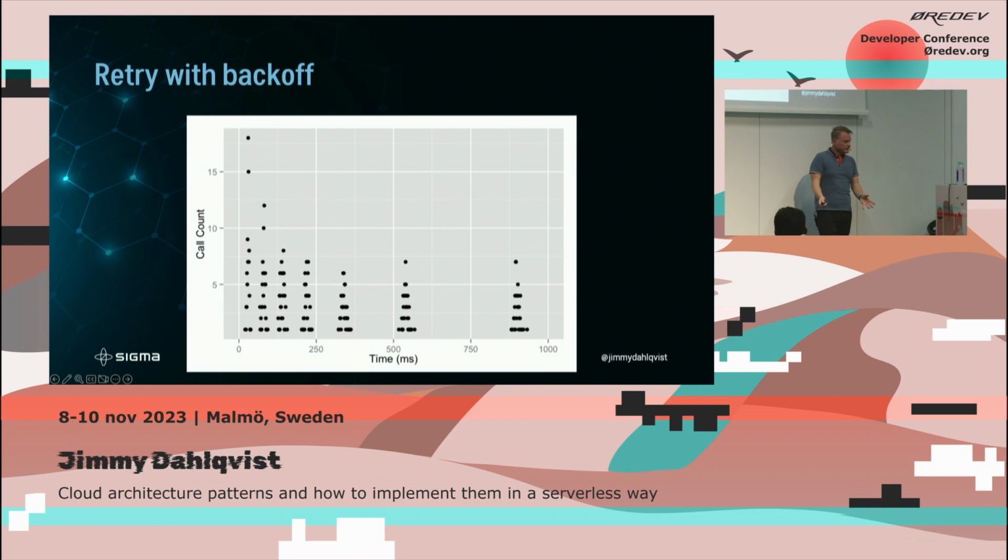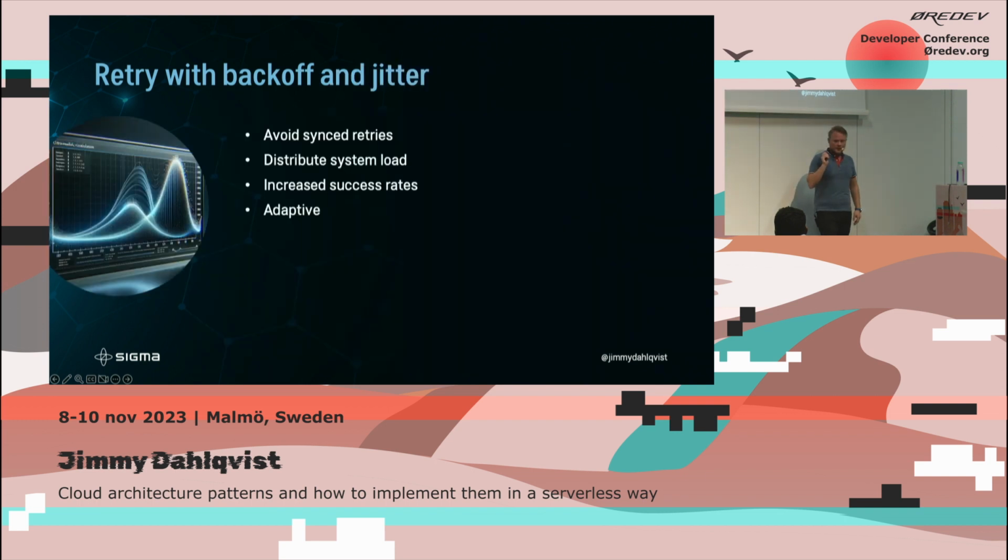So it's good, but what we want to do is add jitter. So we want to retry, but add jitter. That way we can avoid synchronized retries, distribute the system load, increase the success rate, and it can be very adaptive. What do I mean when I say jitter?